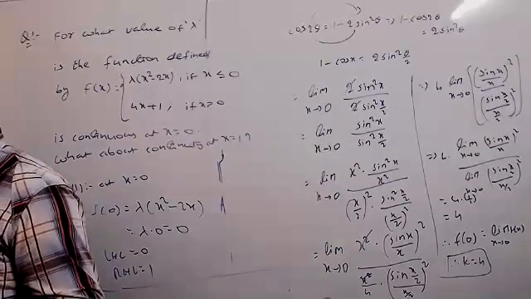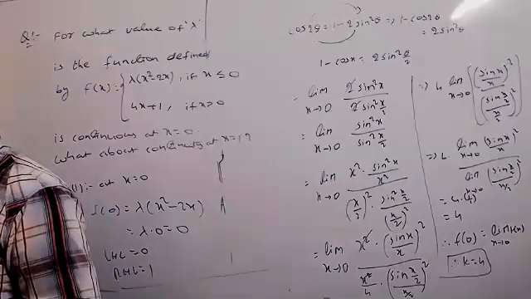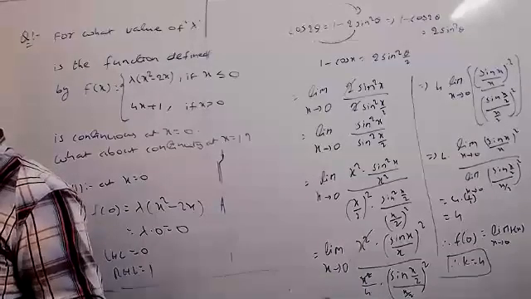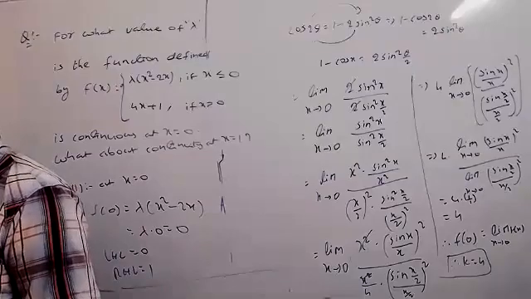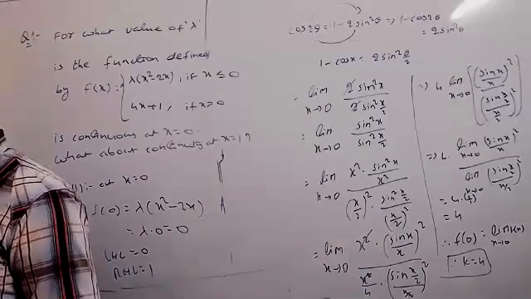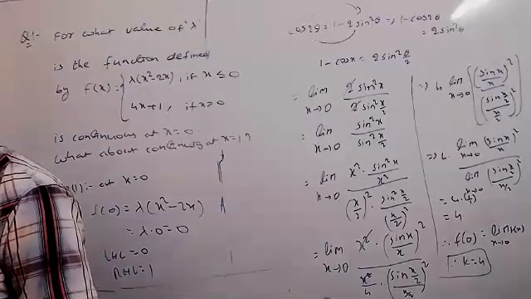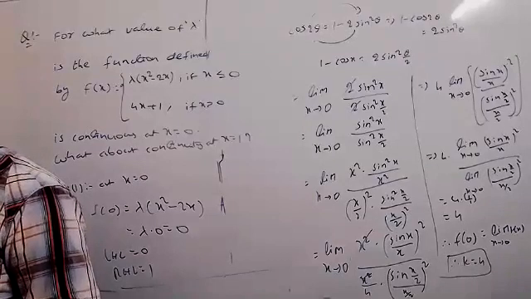So therefore, there is no value of lambda, comma, the function f of x is continuous at x equal to 0.